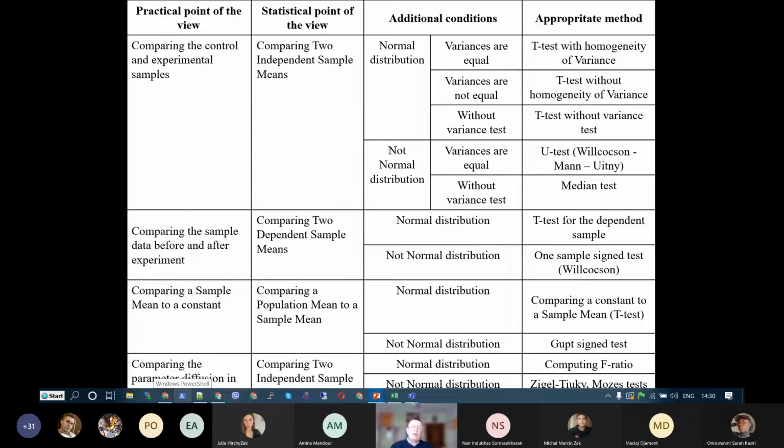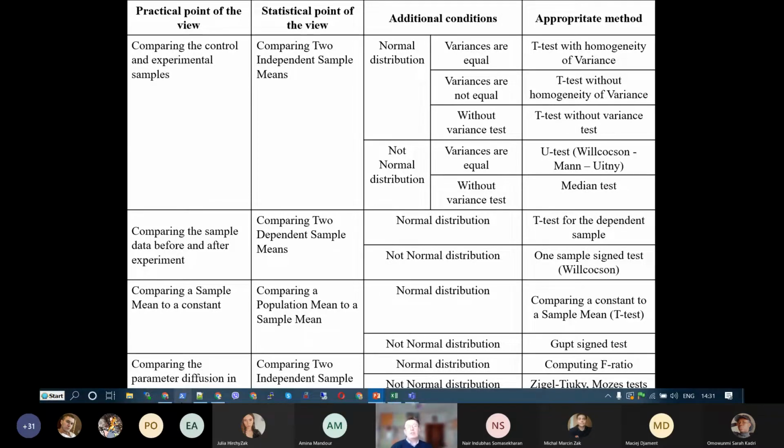So, left column, let me explain what you see here. On the left side, you have a practical representation of your problem, what could actually happen and be observed in reality. Like when we compare control and experimental samples, for example the usage of 2 different medicines or 2 different treatment methodologies for the same illness. From a statistical viewpoint, this is comparing independent sample means.